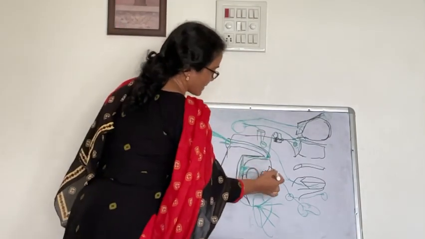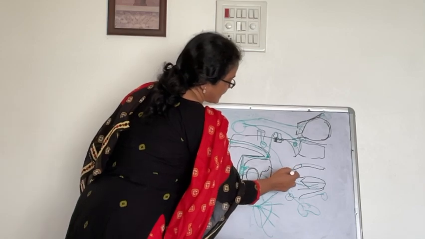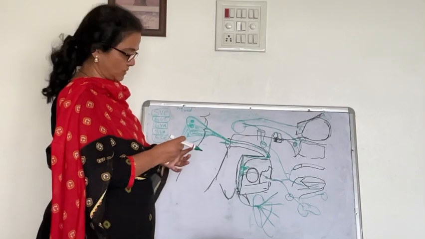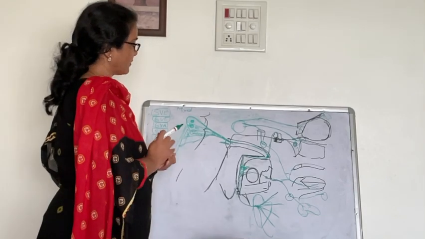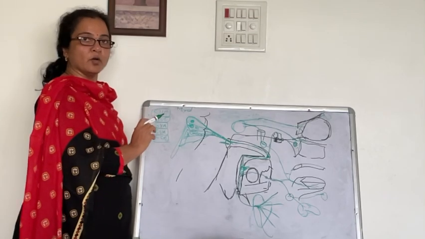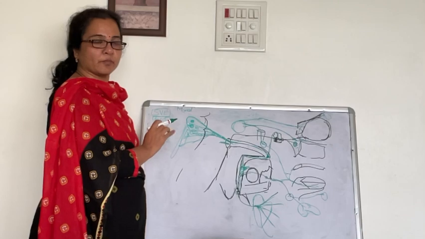This also gives branches to the soft palate as well as the pharynx, that is the glands of the pharynx and soft palate. So this is all that we have seen in the last lecture, the course of the facial nerve. Today we will see the applied anatomy of the facial nerve.